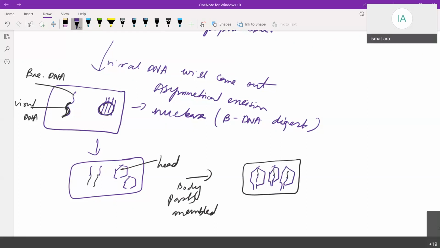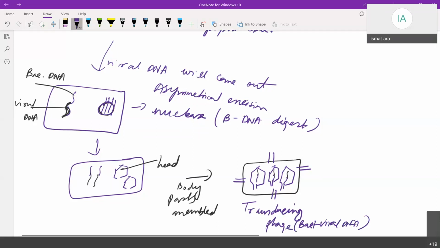Now what will happen? This virus will cause lysis of the bacterial cell. Now this phase is called the transducing phase. Why? Because here the head contains bacterial DNA as well as viral DNA.